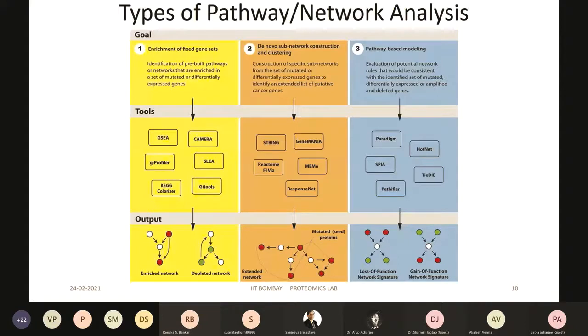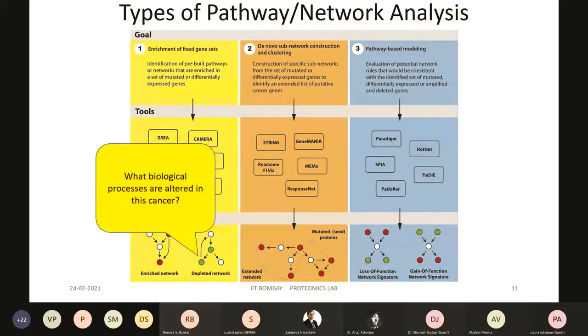If we talk of pathway and network analysis types, there are three types. One is the enrichment of fixed gene sets. Then there is the de novo subnetwork construction and clustering. And then there is pathway-based modeling. Why do we use these three approaches? Because these three approaches help you answer three different types of questions.